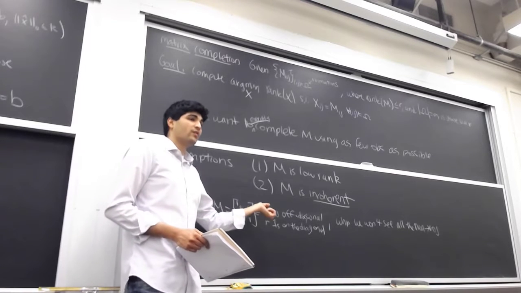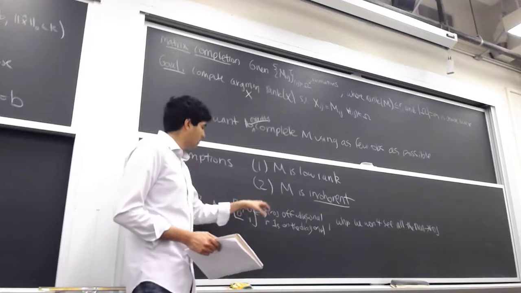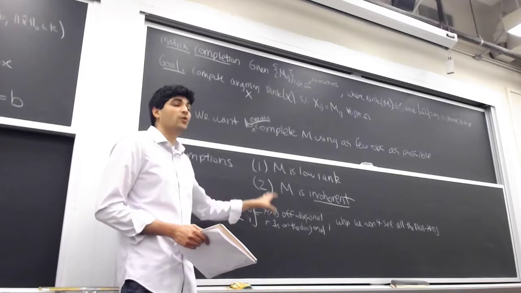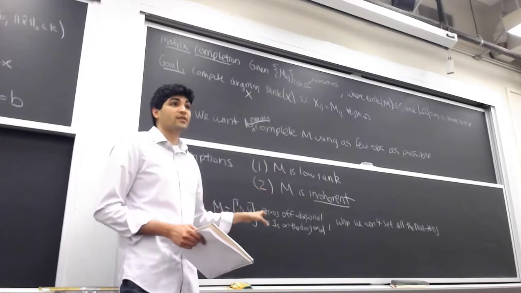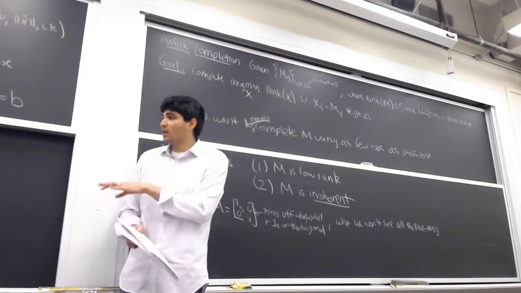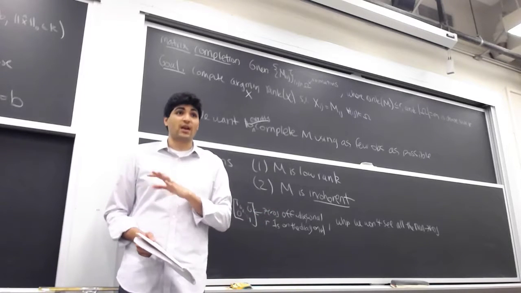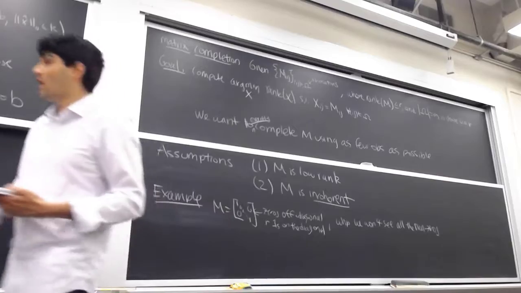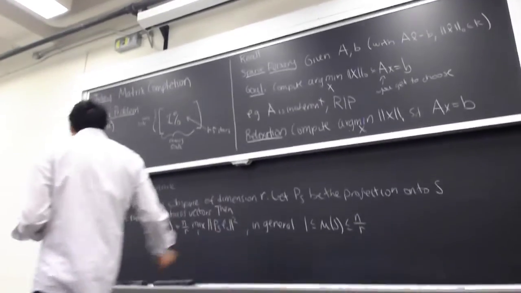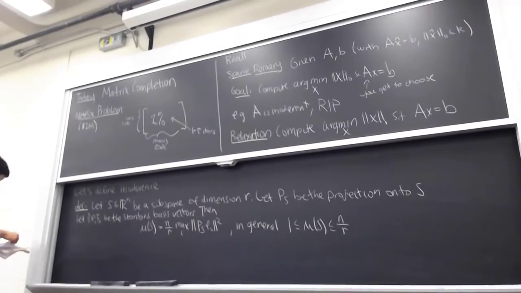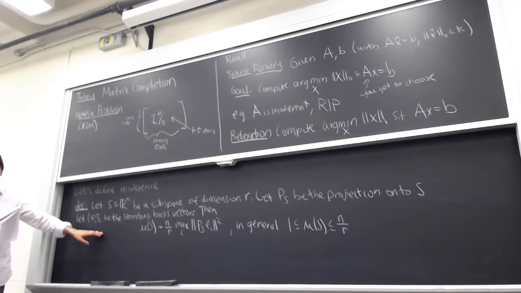In general, we want all of our singular vectors to contribute their non-zeros in a fairly diffuse way across the entire matrix, and that's exactly what the incoherence of a subspace is getting at. Now let me define the incoherence of a matrix, and that'll be the technical condition we need. Are there any questions about this definition?